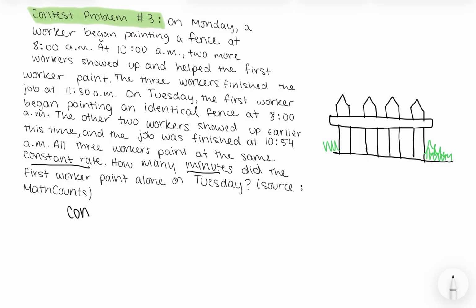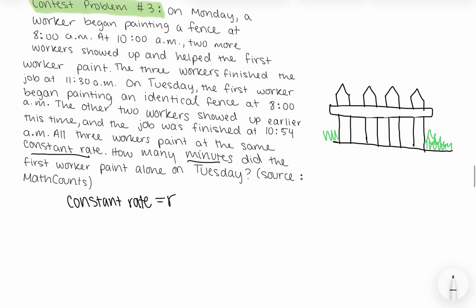So let the constant rate be equal to r. And so when it was only 1 worker for the first 2 hours, the amount of distance that he painted on the fence would be his rate times 2 hours, which is 120 minutes. We're keeping everything in minutes because at the end we want to use minutes.